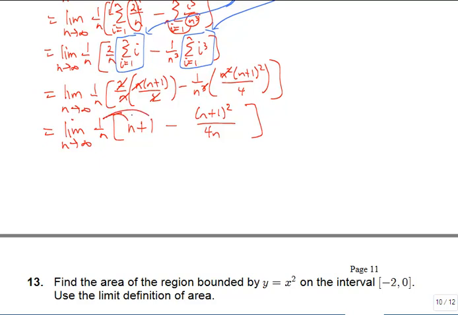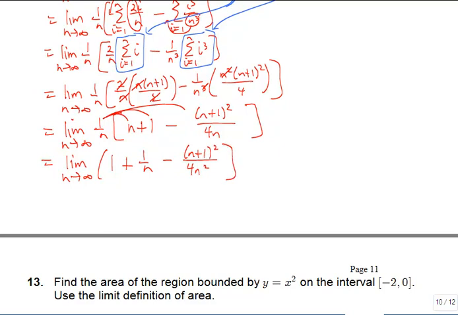Now I'm going to go ahead and distribute this 1 over n across. So I'll have 1 over n times n, which is 1, plus 1 over n times 1 stays 1 over n, minus, when I multiply this 1 over n across, it's going to join that bottom and become 4n squared in the bottom and an n plus 1 squared on top.